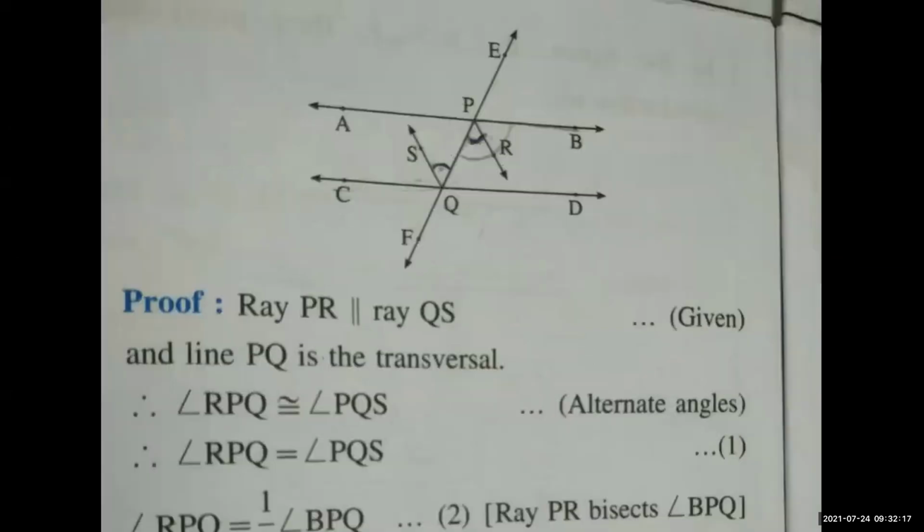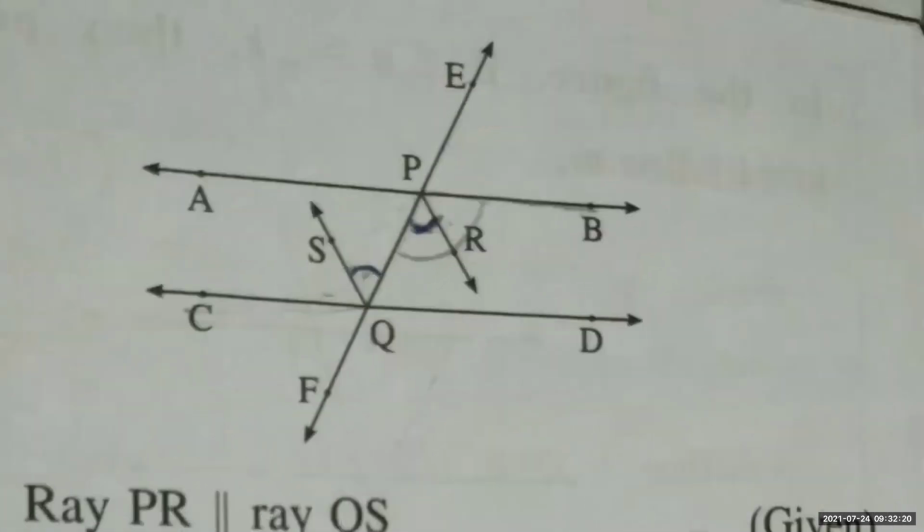Here is the diagram again. So what was the step? Angle BPQ was equal to angle PQC. So if those two angles are equal to each other, that means they are congruent.